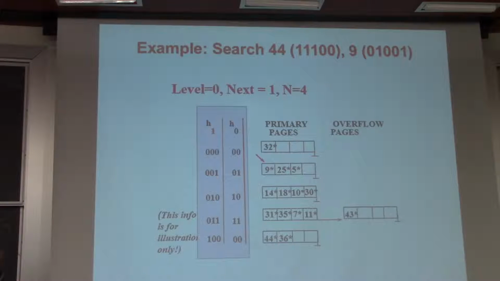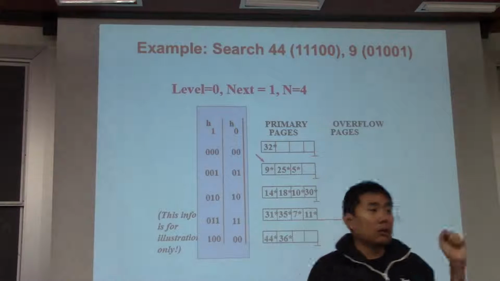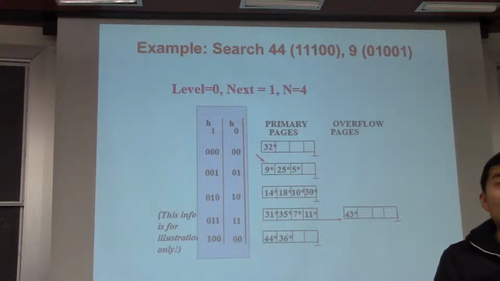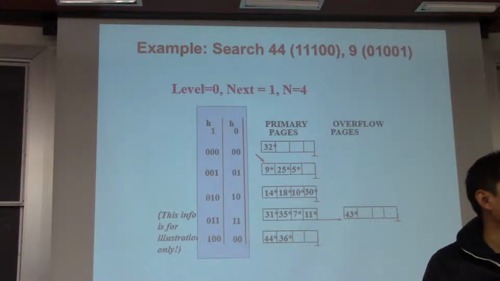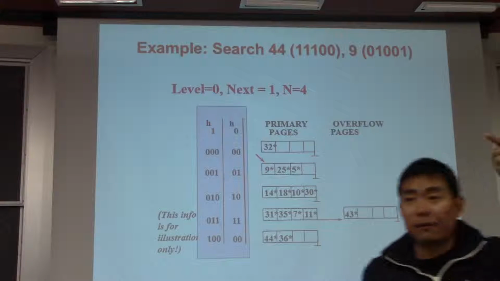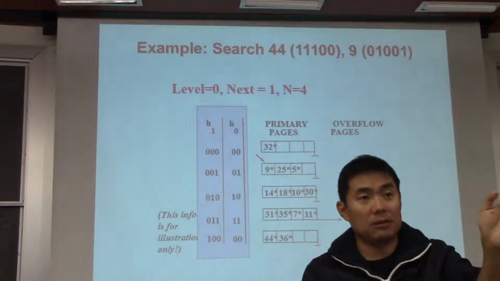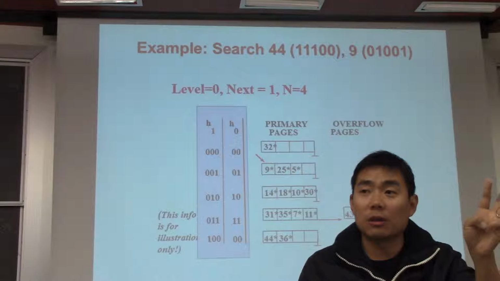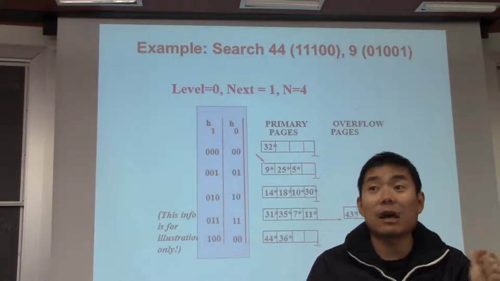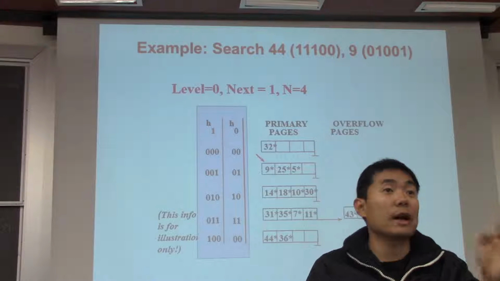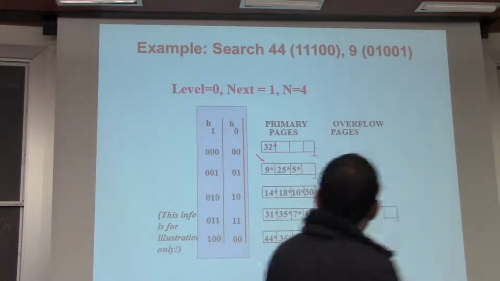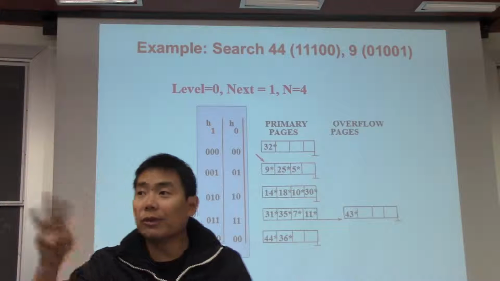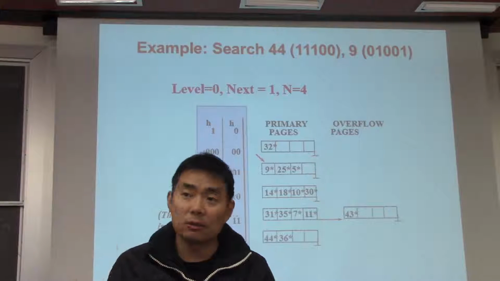If I search 44 now, I use the current level hash function first, which is looking at the last 2 bits, and end up in the first bucket, which is the red bucket. At this time I should use the next level hash function to locate 44, which is looking at the last 3 bits, which are 0, 0, 0, three zeros.